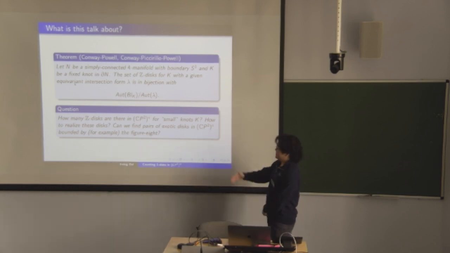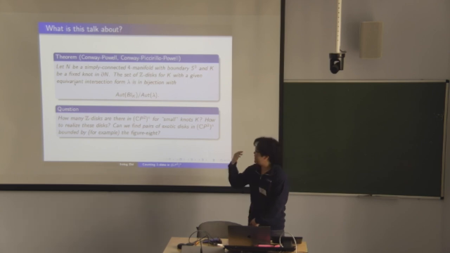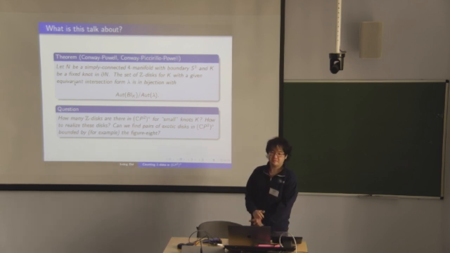It turns out that the automorphism group of the equivariant intersection form will act on the automorphism group of the Blanchfield pairing. And so the theorem is that if I fix the equivariant intersection form, there could be many such Z disks that have that equivariant intersection form, and the number of such things is this quotient. Okay. All right.